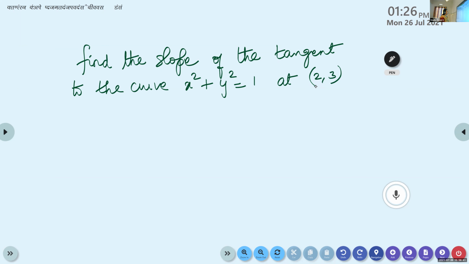You are asked to find the slope of the tangent. How will you find the slope of the tangent?